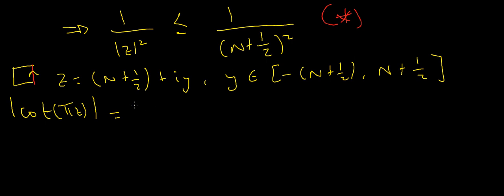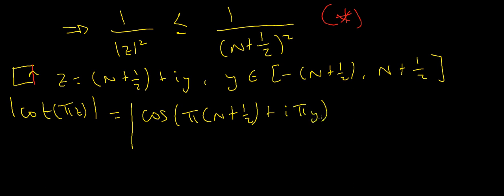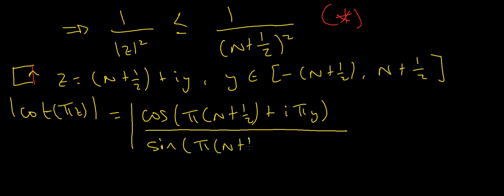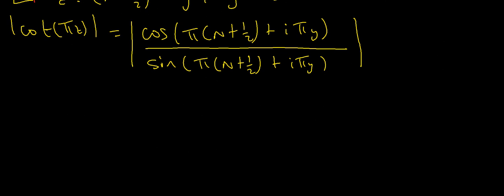That's just equal to the modulus of, well, let's put the modulus right in the whole thing, of cosine of pi z, and z is this, so it's going to be pi times n plus a half plus i pi y, all divided by sine of the same thing, so that's sine of pi n plus a half plus i times pi y, then modulus. And I'm going to use some trig identities here.